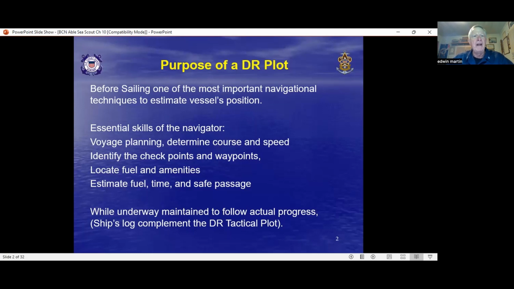You use dead reckoning for voyage planning, to avoid hazards. Estimate the time that it's going to take you to get from point A to point B. And it allows you at certain points in the course to maintain your actual progress.